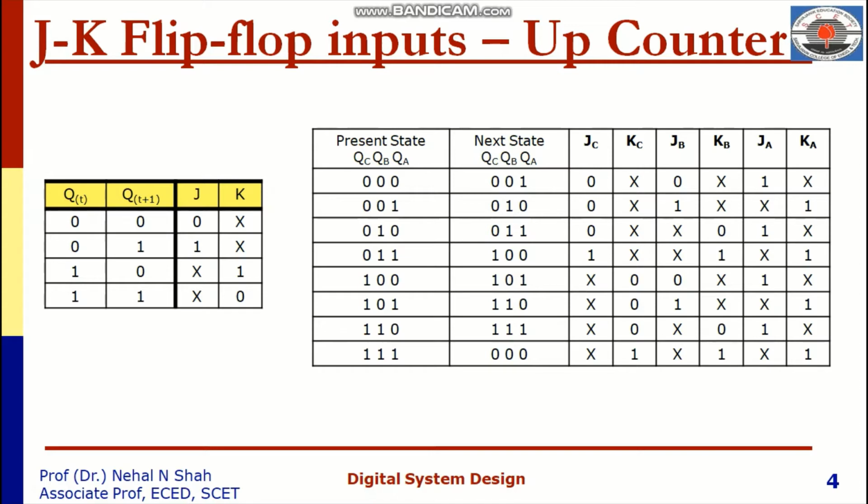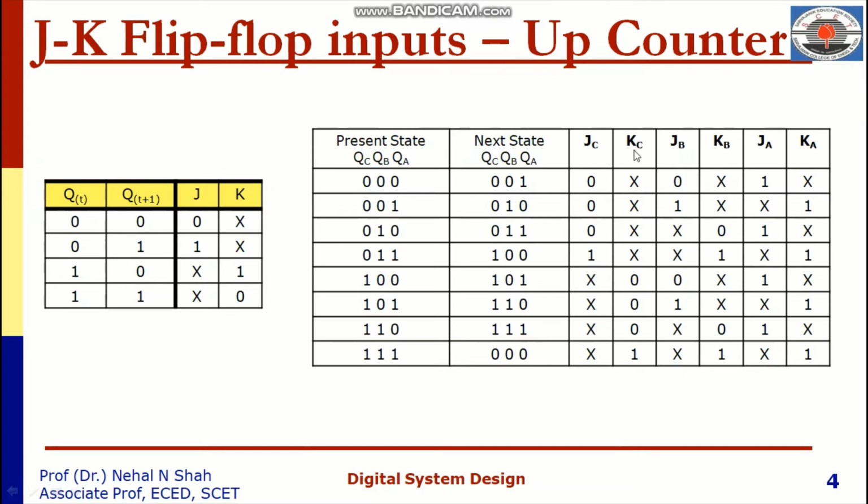According to our count, we have mentioned our present state and next state. We can also look at the JC KC columns based on the QC column in present state and the QC column in next state.